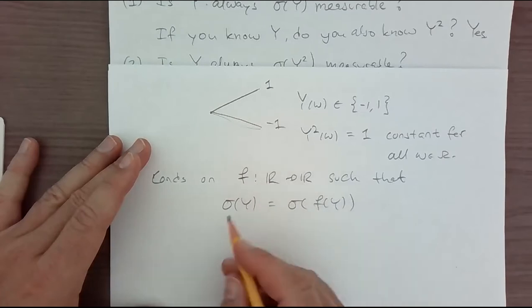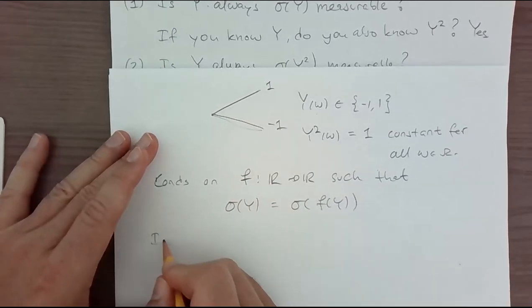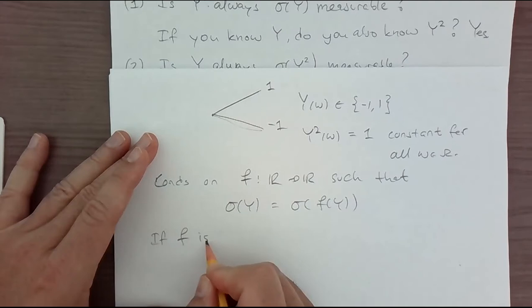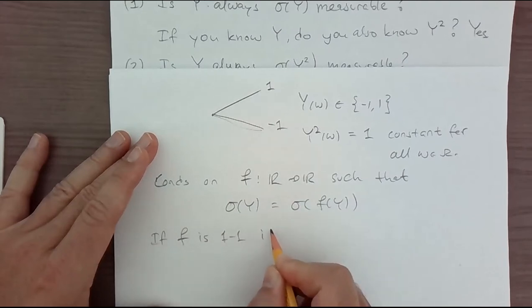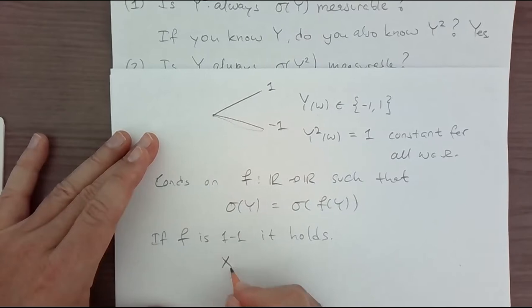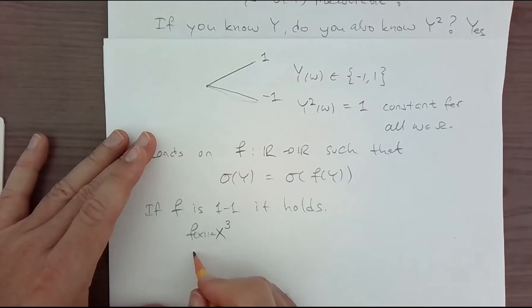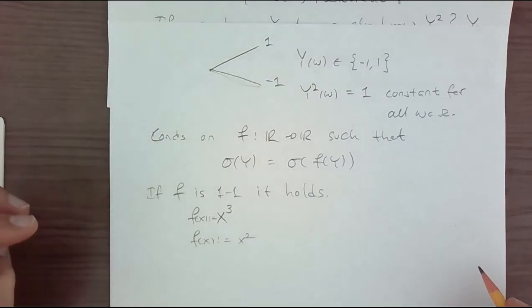I don't like the word "has to be." If f is 1-to-1, it's okay. That was the one you were using, right? You're using f of x equals x to the power 3, but f of x equals x to the power 2 does not work.